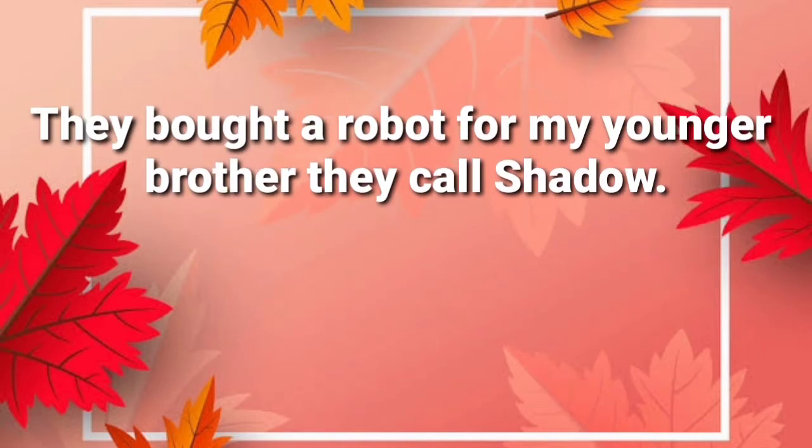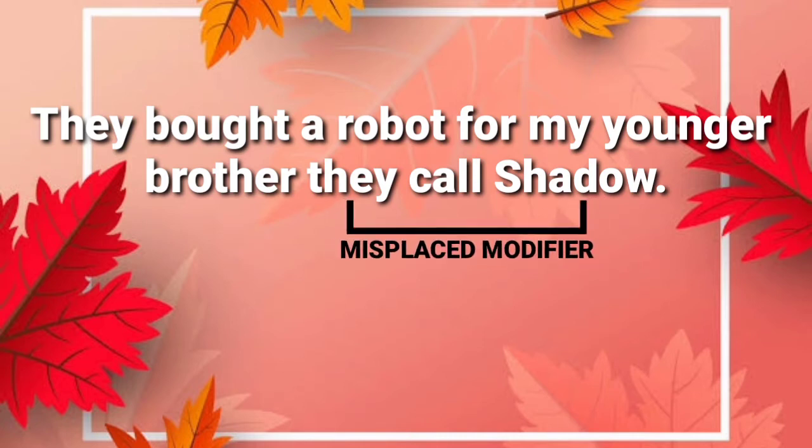So now we have our second example of a misplaced modifier, and as you can read on your screens: They bought a robot for my younger brother they call Shadow. If you read the sentence, it seems like my brother is called Shadow. But that is not what our writer meant to say.